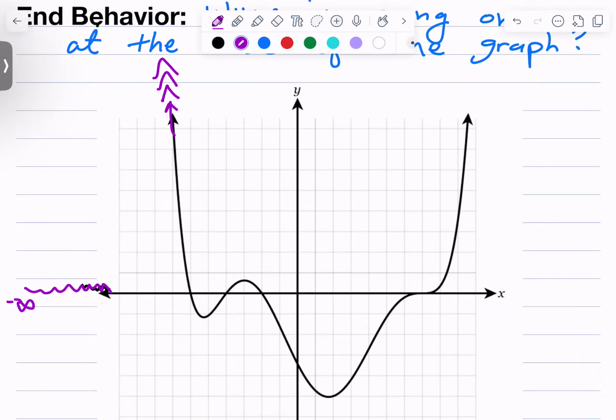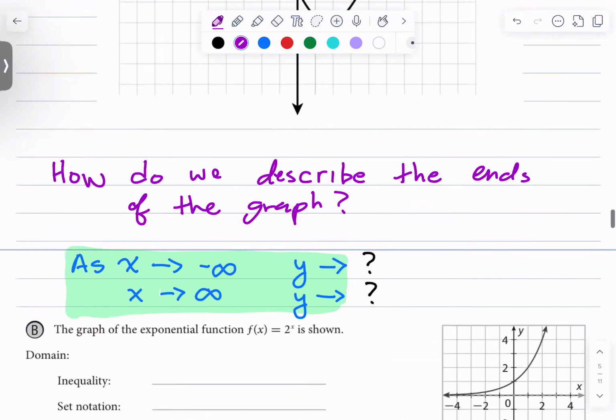And it never stops because of this arrow. It keeps on going up. If it keeps on going up and up and up, where am I headed towards? Positive infinity, right? Awesome.